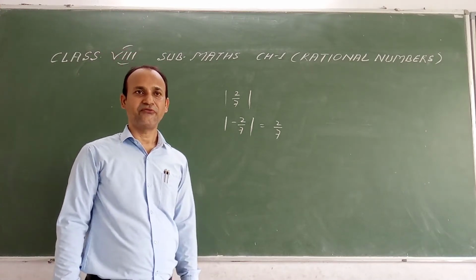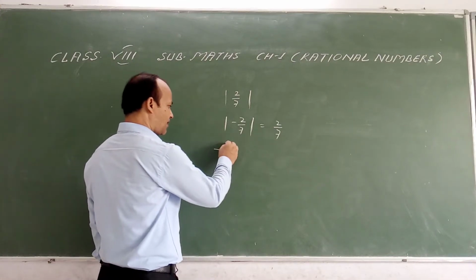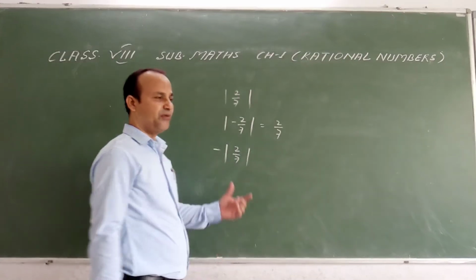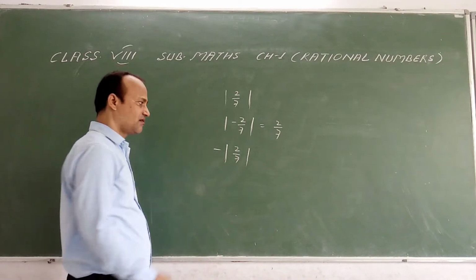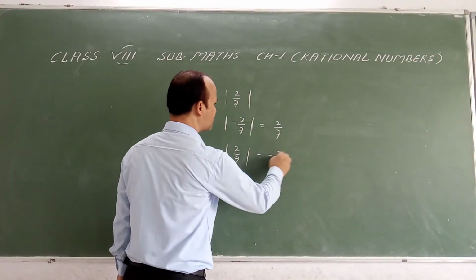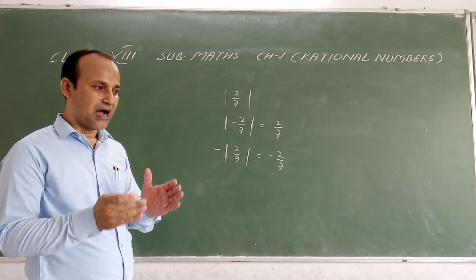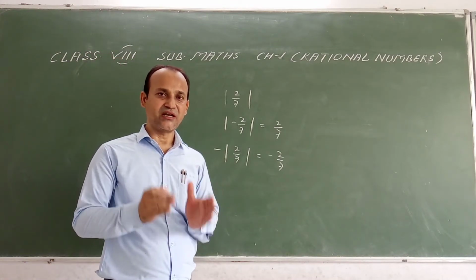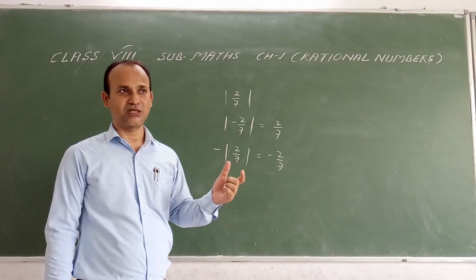But if a negative sign is before the two parallel lines, then in that case the value will be minus 2 upon 7. Means to say, the value inside the two parallel lines, either in positive or negative form, will always be positive.